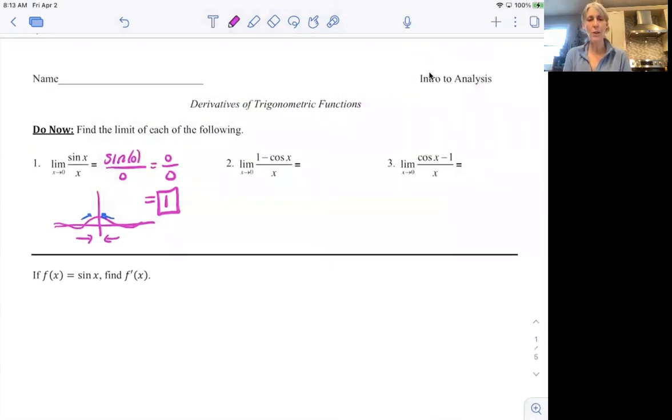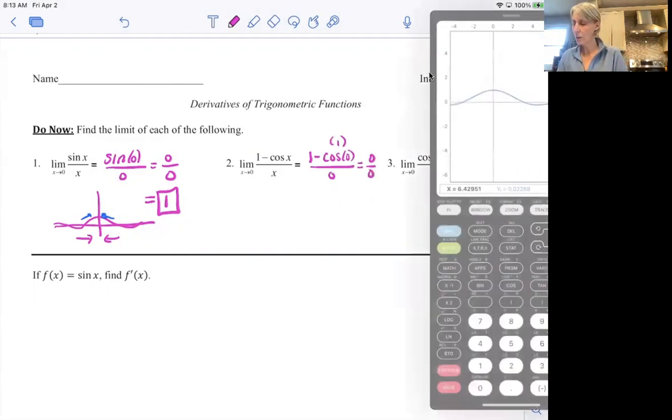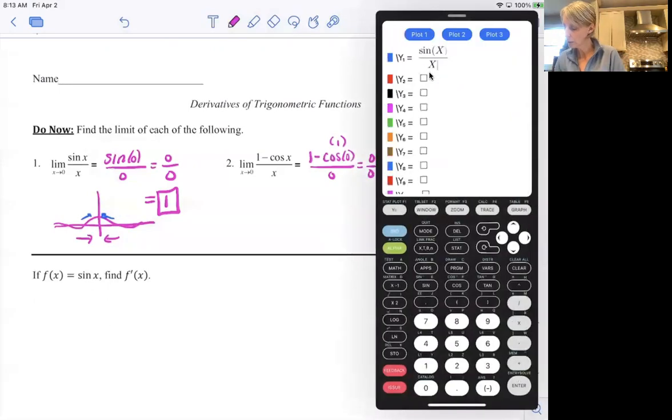The limit as x approaches 0 of 1 minus cosine x over x. Again, if we plug in 0, we get 1 minus cosine of 0 over 0, which is 1 minus 1, or 0 over 0. We can't rewrite it, so again we're going to go to our calculator.